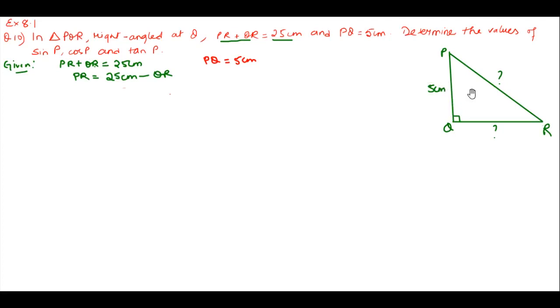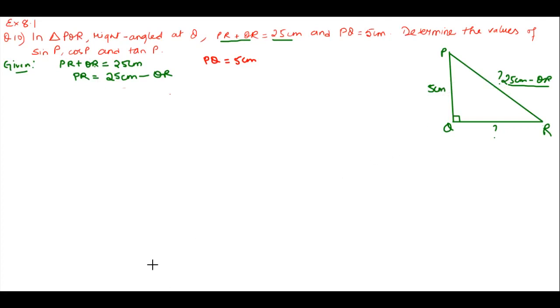That's why I did this modification in the information. I transferred this QR and made an information for PR. Now we have two information, that is PR is equal to 25 centimeter minus QR. So that's the reason I converted this combined information to single information, so that we can have two information and then use Pythagoras theorem, right?